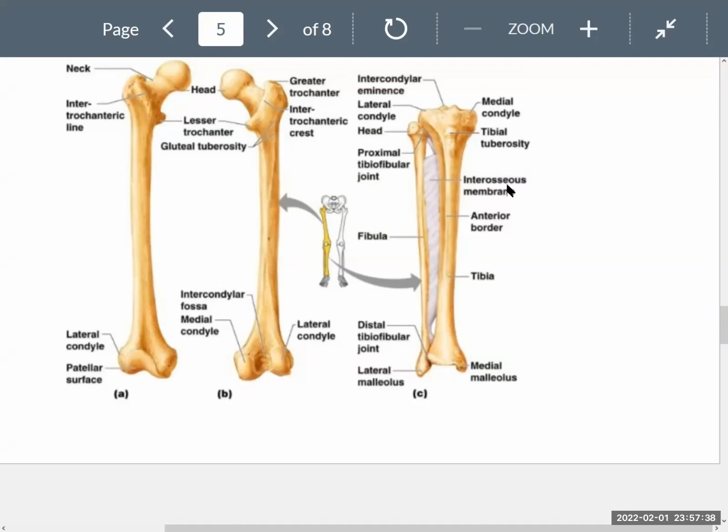Don't bother to learn it as interosseous membrane. What you want is syndesmosis. Don't worry about proximal tibiofibular joint, which is right there. The upper portion of the fibula, though, is the head, and the lower portion is the lateral malleolus.